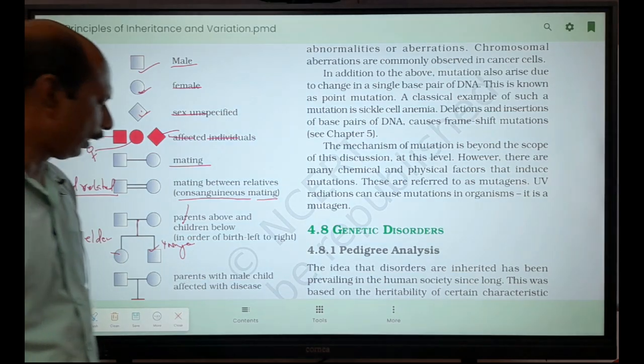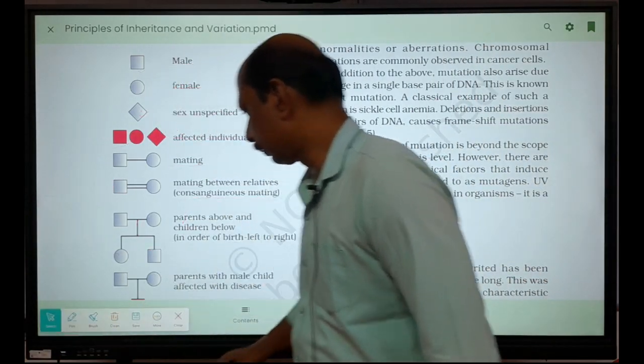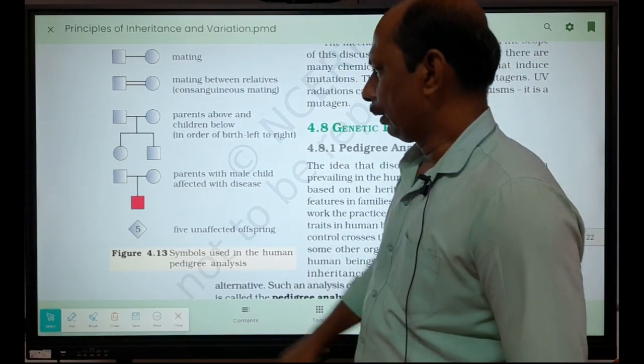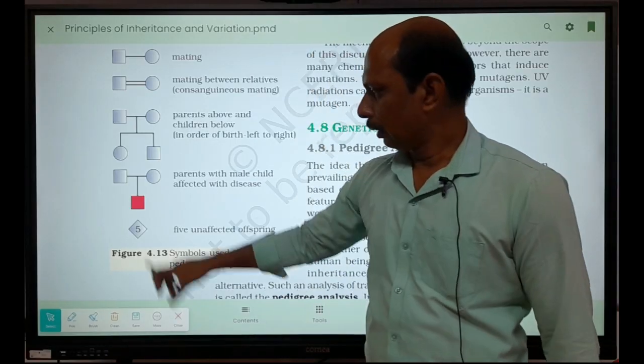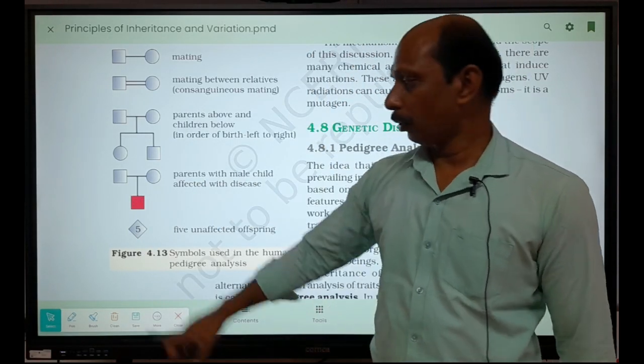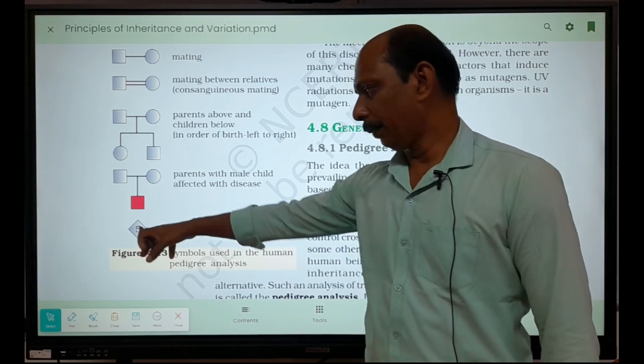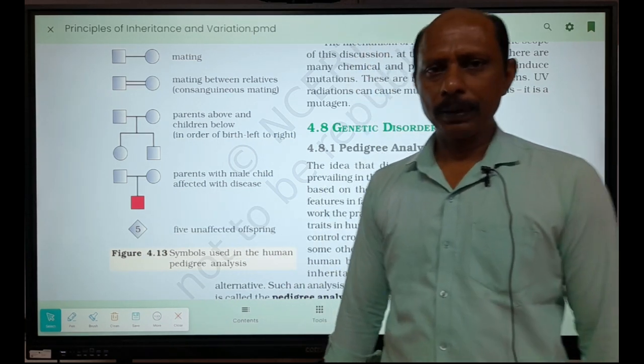Now, parents with a male child affected with disease: these are normal parents, but the affected son is there. That child is a son, because it is a male, and it is affected. And 5 represents the number of individuals.